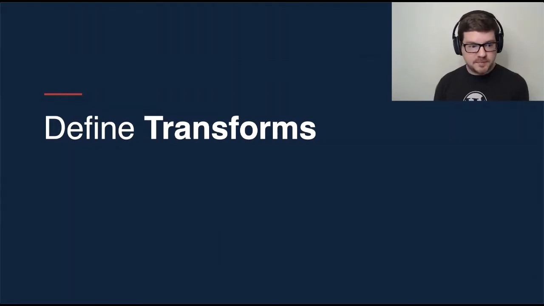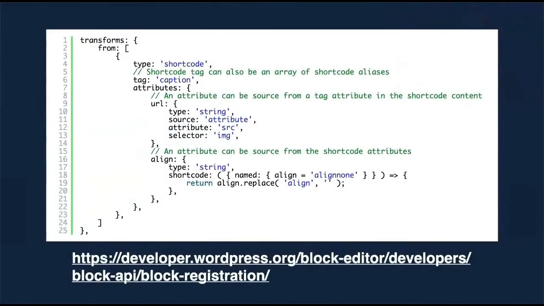A transform is a way to say, I have encountered, I being in this case the block editor, what I believe to be a shortcode if I'm parsing a classic block. The transform says, given the shortcode, in this case tag caption, I want to have that shortcode converted to my block, and I want the attributes on that shortcode to convert to block attributes in a certain way.